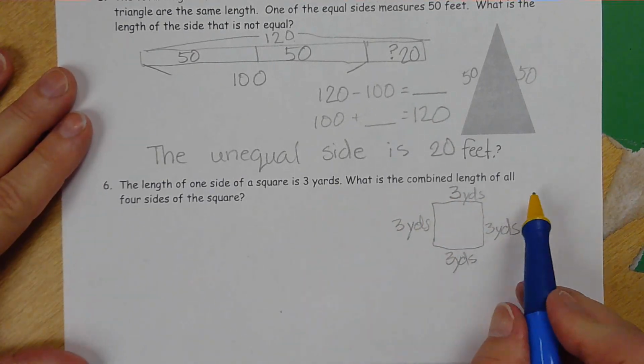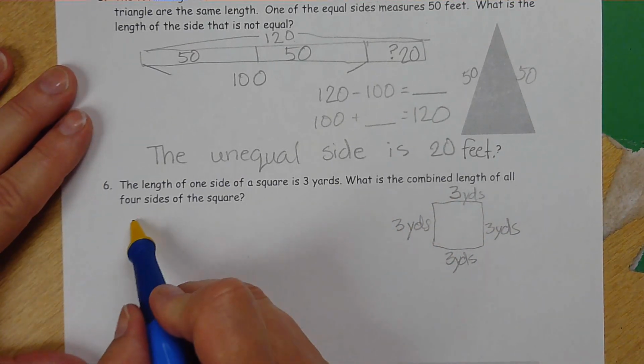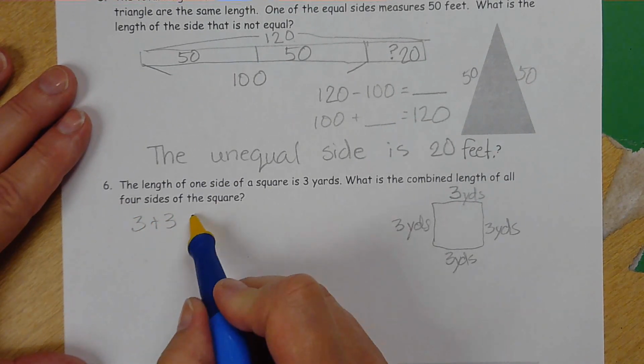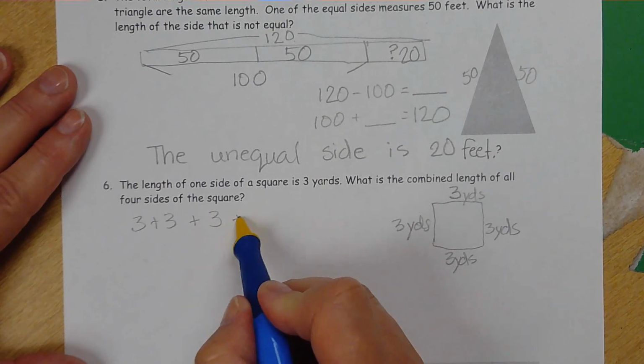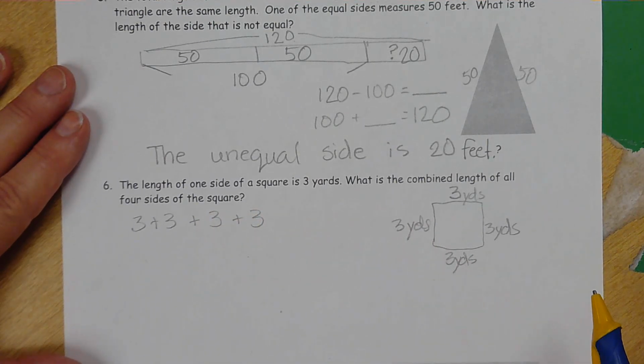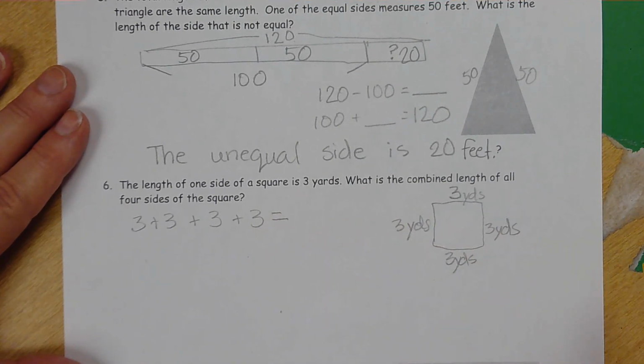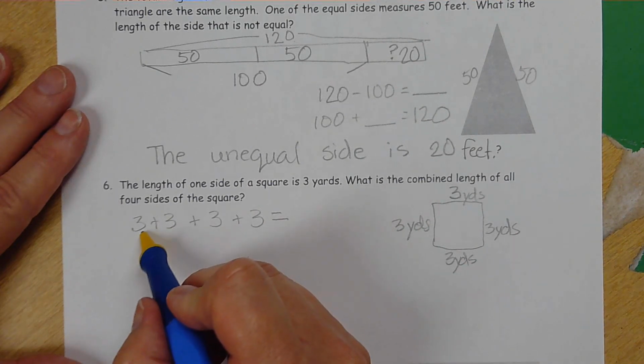So what is the combined length of all 4 sides? We have 3 plus 3 plus 3 plus 3. Do you remember when we were doing our arrays?